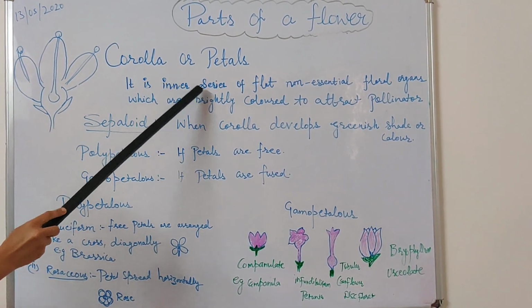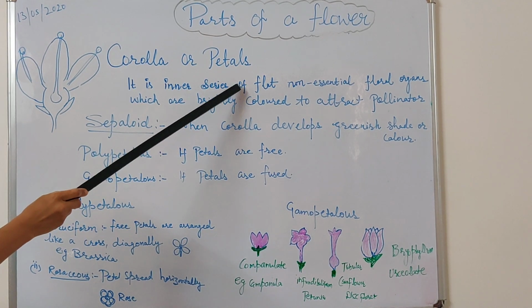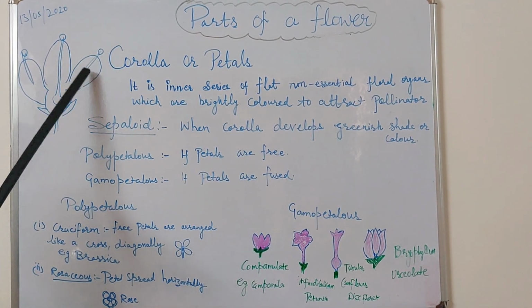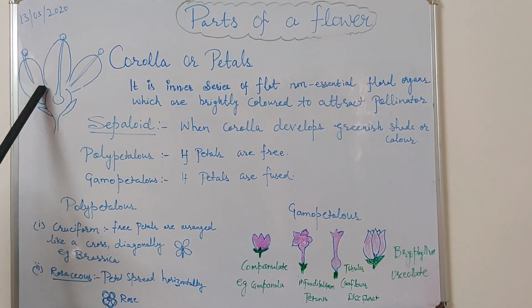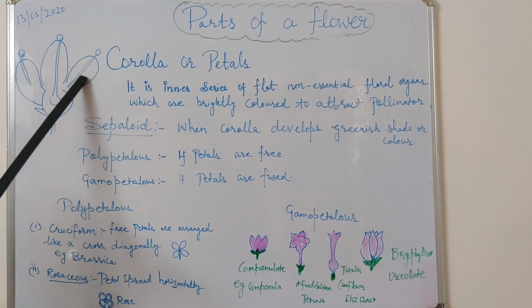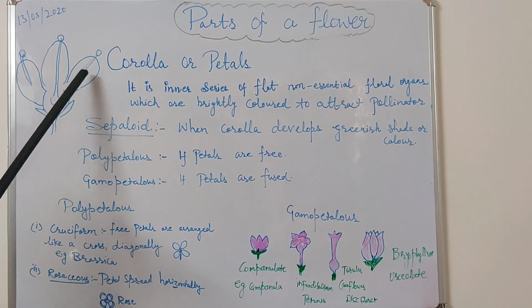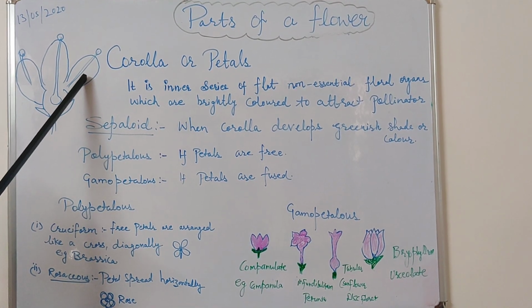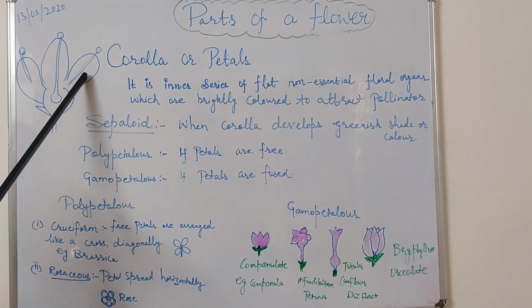So it is the inner series of flat, non-essential floral organs which are brightly colored. Why are they brightly colored? They are brightly colored to attract pollinating agents, to facilitate pollination, which is a very important event before fertilization.